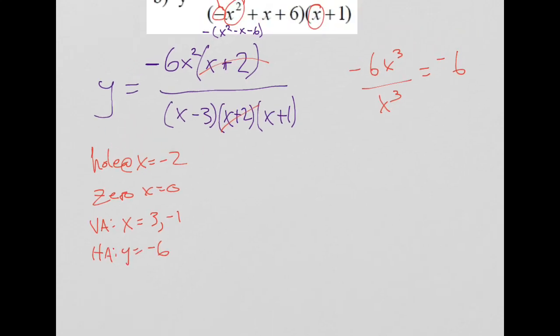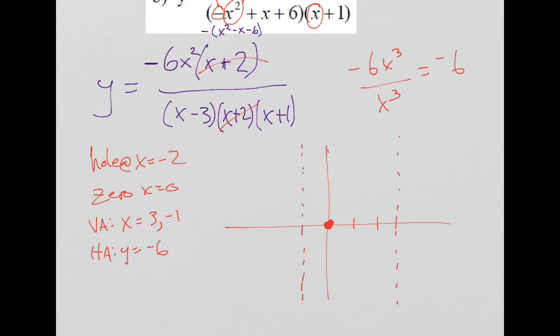So let's piece all this together now and see what happens. I'll do my hole last, and I have a 0 at x equals 0. Vertical asymptotes at x equals positive 3, so I'm going to mark that in, and one at negative 1.